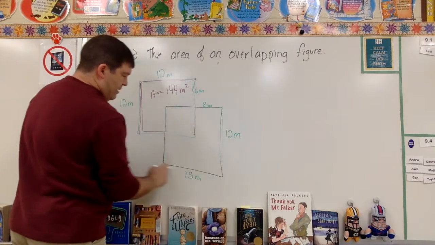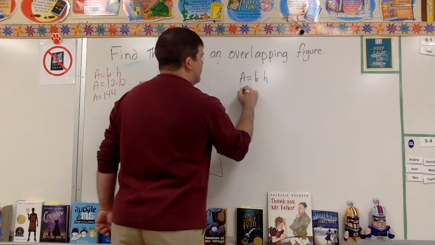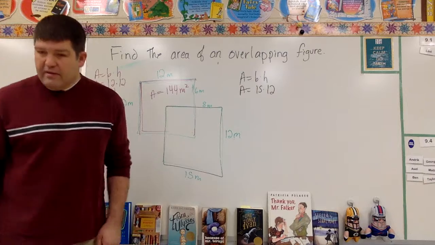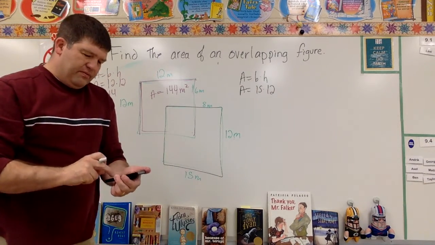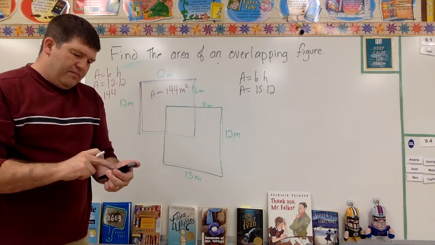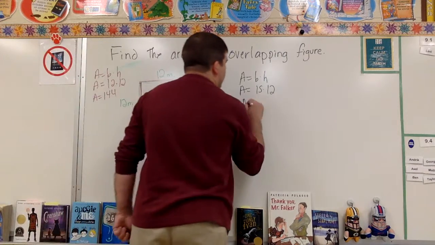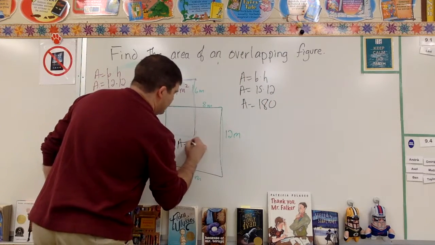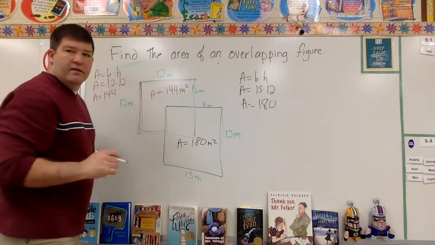This is a 12 by 15. Area equals base times height. Area equals 15 times 12. If I do 15 times 12, pretty sure it's 180, but I like to check. Yeah. Area equals 180. So this area is 180 meters squared.